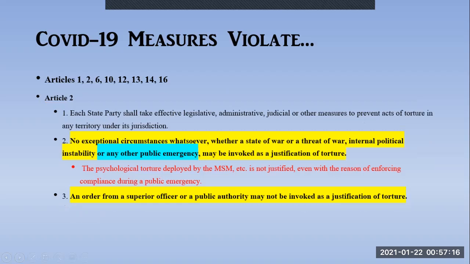Article 2, Part 2 states that no exceptional circumstances whatsoever, whether a state of war or a threat of war, internal political instability, or any other public emergency, may be invoked as a justification of torture. The psychological torture deployed by the mainstream media is not justified, even with the reason of enforcing compliance during a public emergency. And 3, an order from a superior officer or a public authority may not be invoked as a justification of torture.